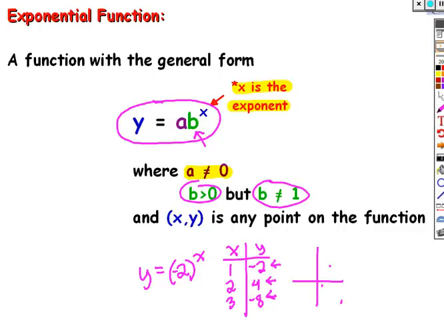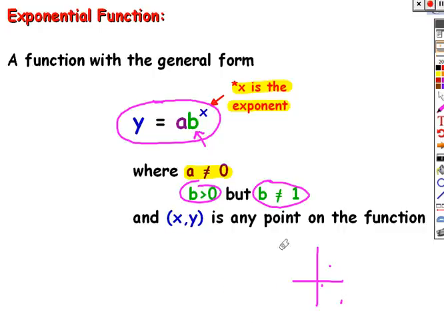So one other condition is that b value, the number I'm repeatedly multiplying by for an exponential function, should be positive. And then x, y in general is just any point that is on the function.